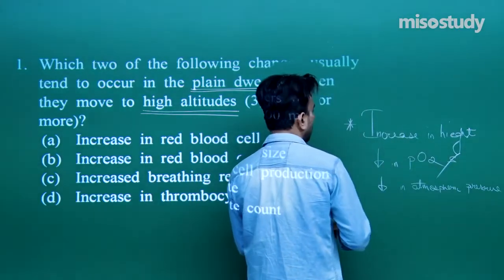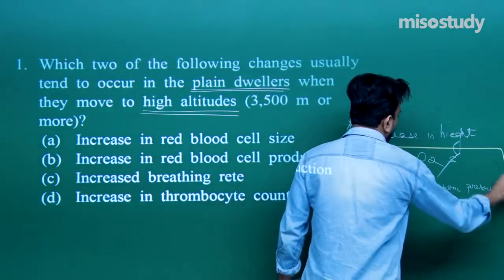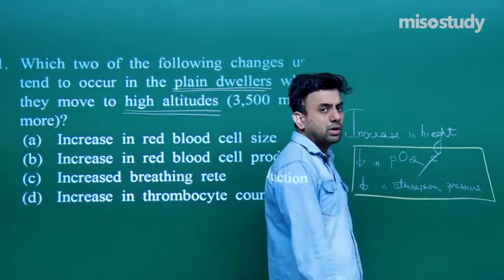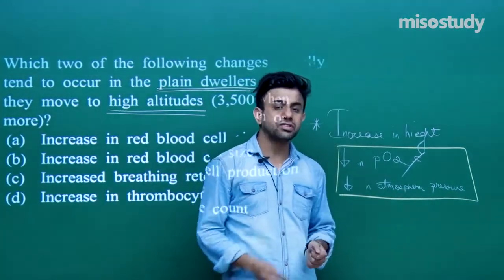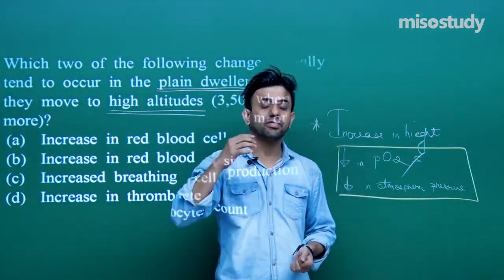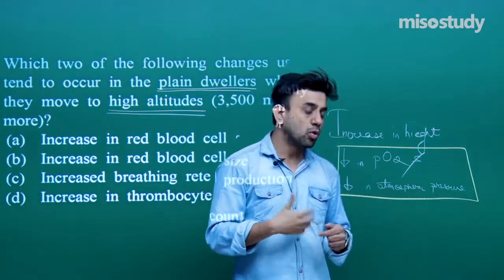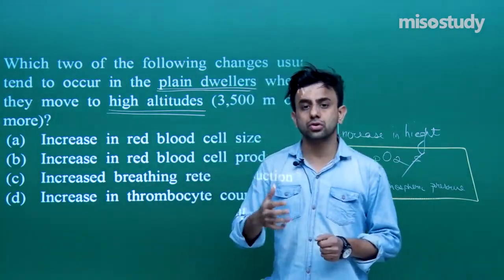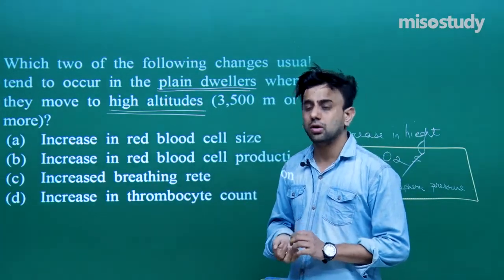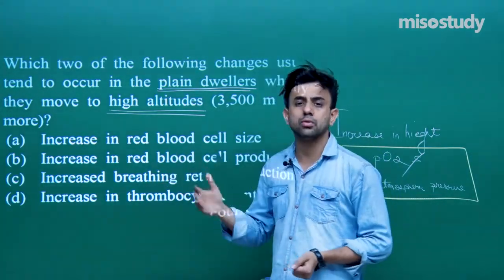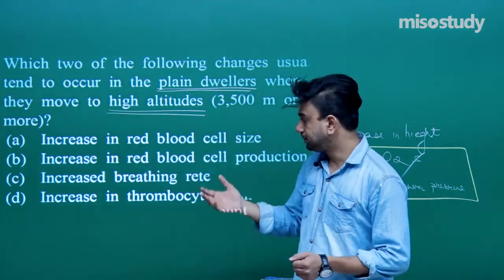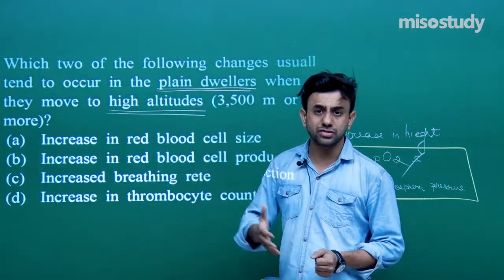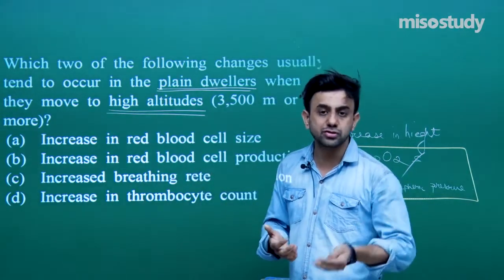Now, since there is a decrease in partial pressure of oxygen, more RBC is required to satisfy the body. More oxygen has to be taken in.